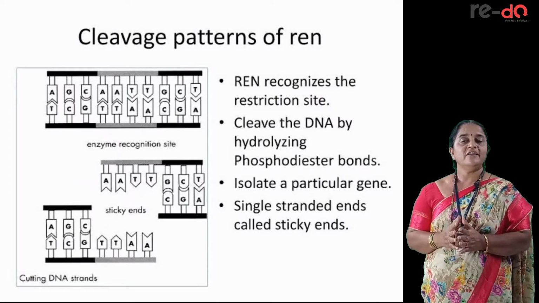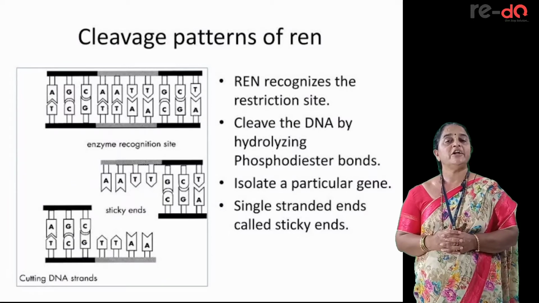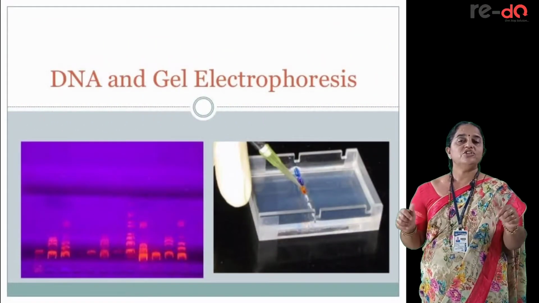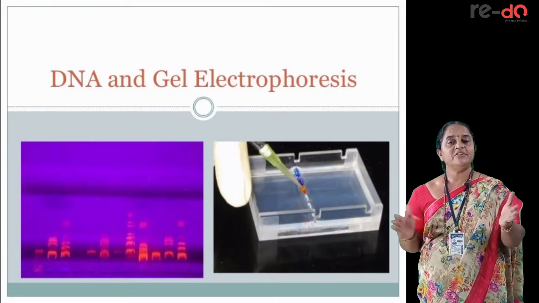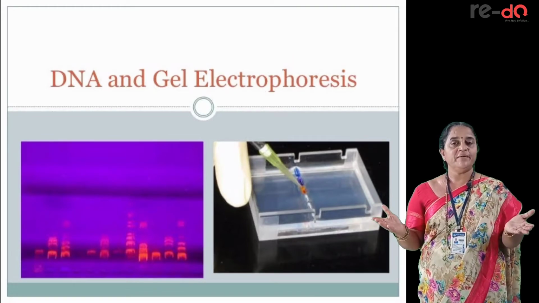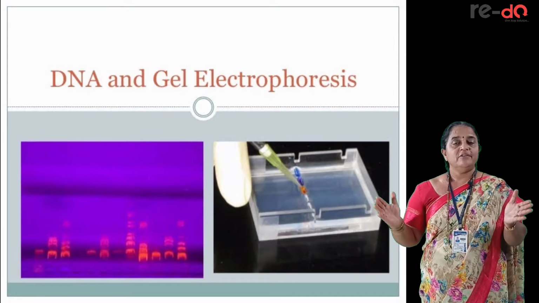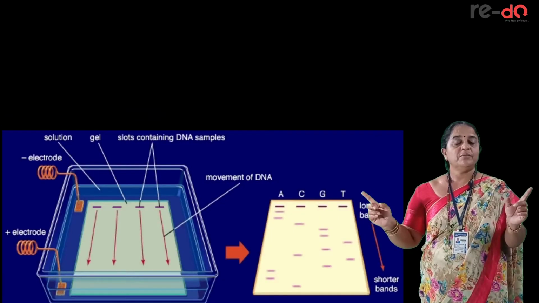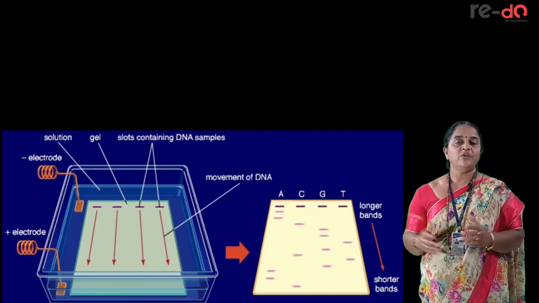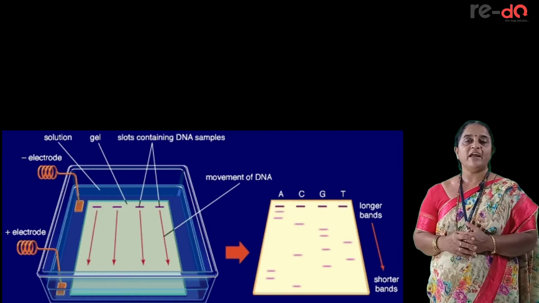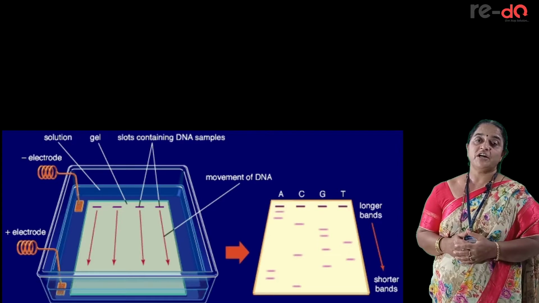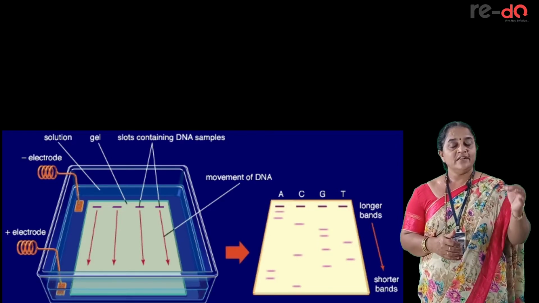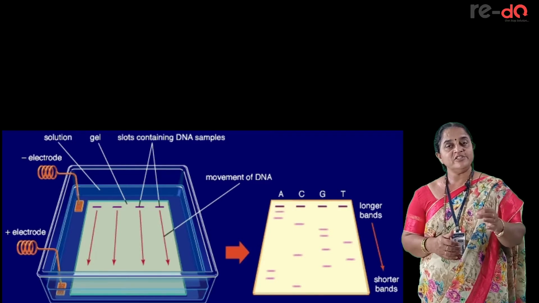The fragments are isolated by gel electrophoresis. It is a technique where agar gel or polyacrylamide gel, which is a stable medium, is taken with two electrodes of opposite charges, cathode and anode. It is known that DNA fragments are negatively charged particles. So near the cathode end, the DNA fragments are released in the gel.